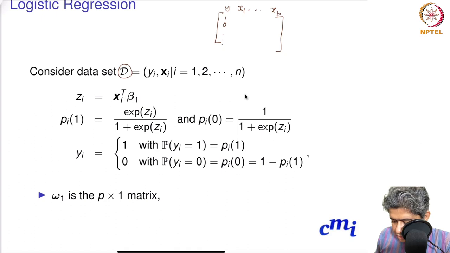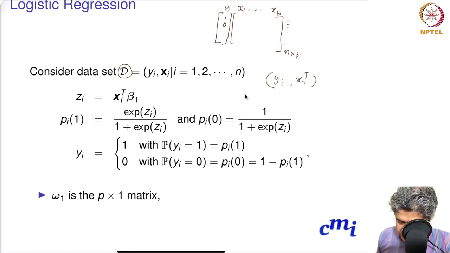And you have n such rows, 1, 2, 3 up to n, so that means you have an n cross p matrix of x columns and a vector of y 0s and 1s. So the ith row has yi and xi transpose.